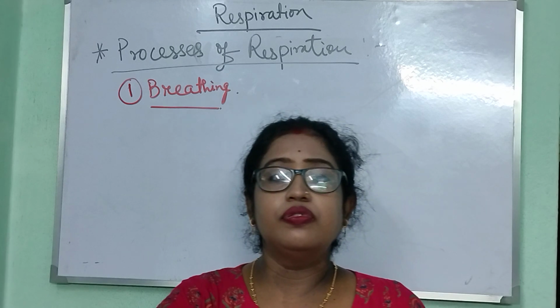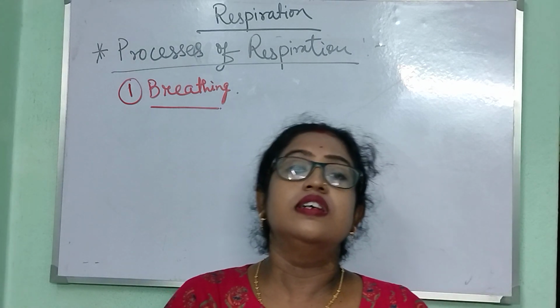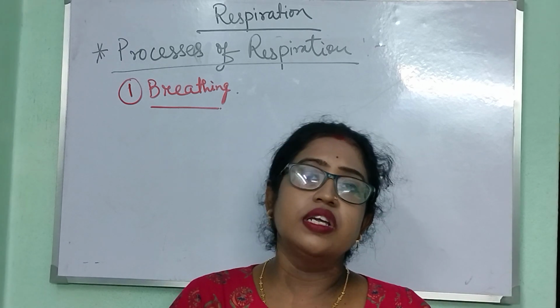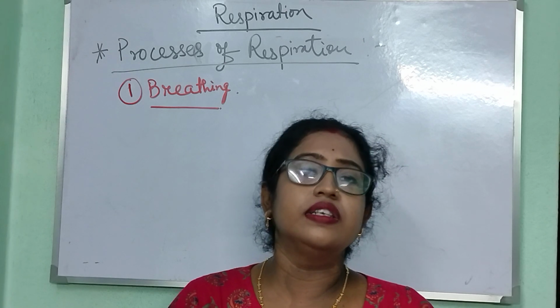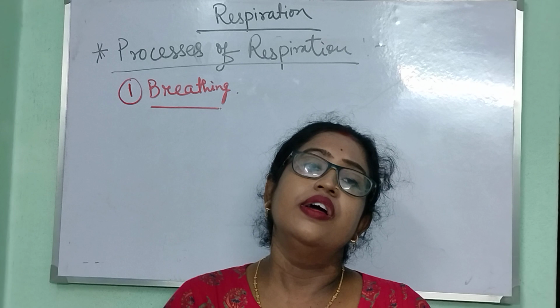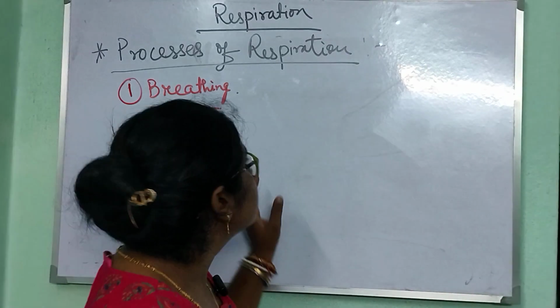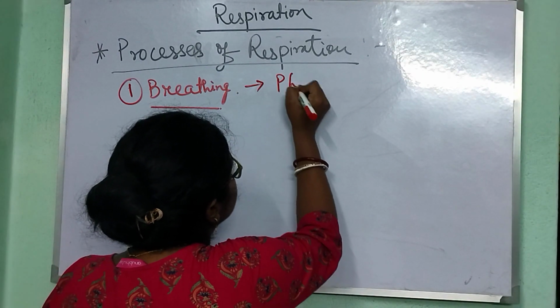So, there is a full respiratory tract along with the lungs, and in smaller organisms, oxygen gently diffuses into the cell, and the carbon dioxide diffuses out of the cell. So the first process is breathing.